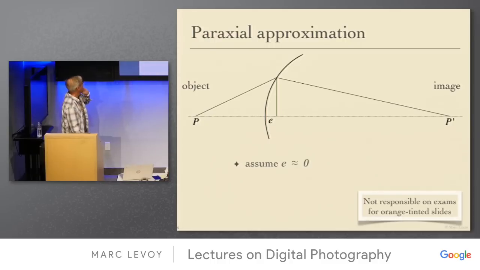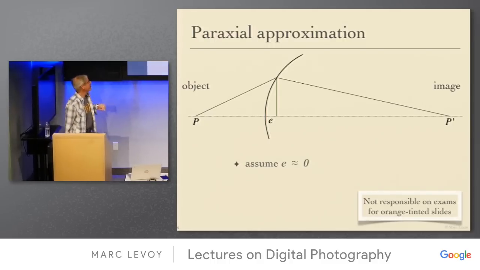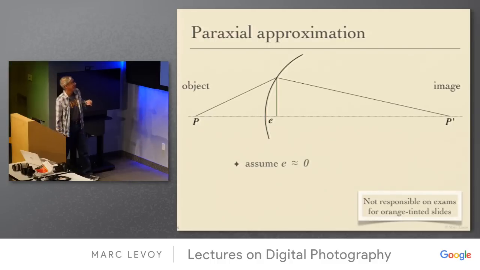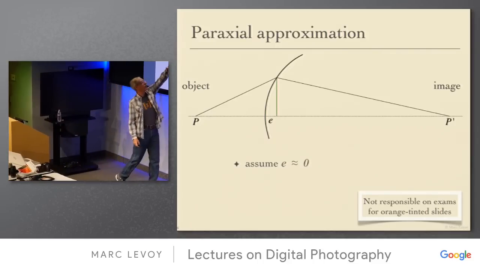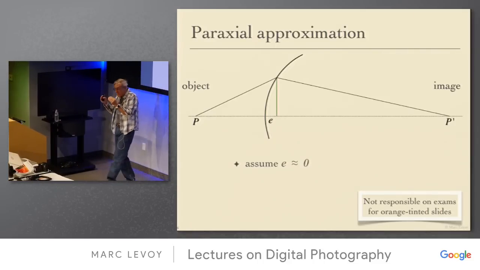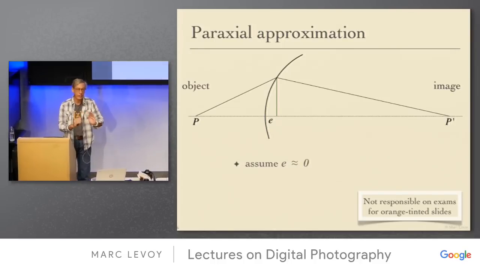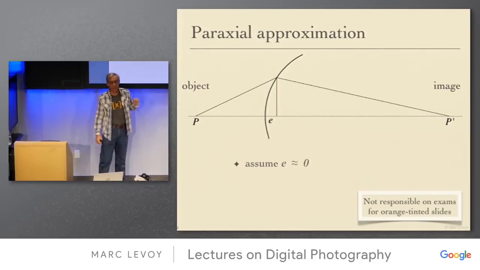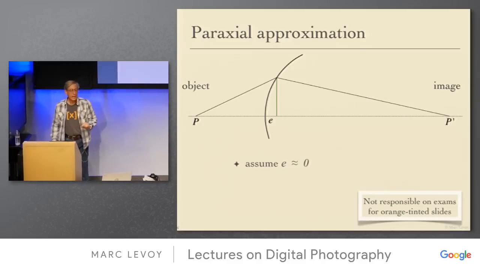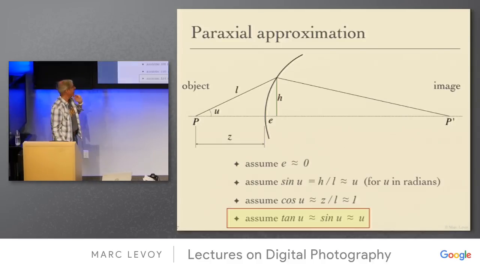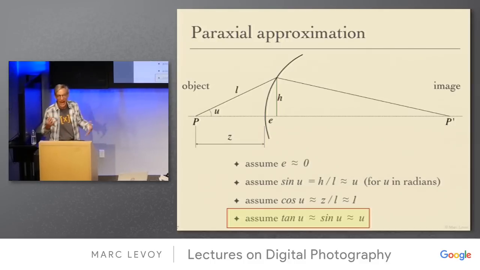So rather quickly, the standard derivation of paraxial focusing. The assumption is that we're only dealing in the middle of the lens, a little bit of curvature, the rays that are nearly on the axis, and so E is assumed to be very, very small. If E is very small, then a lot of things happen.